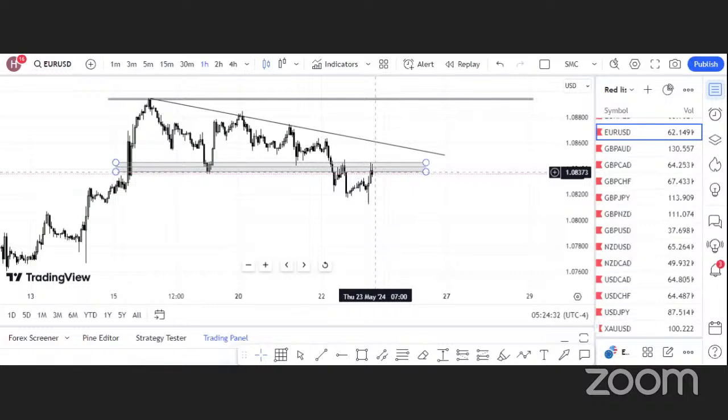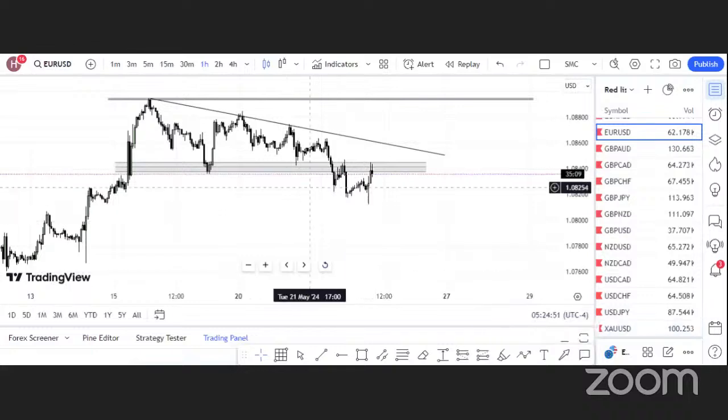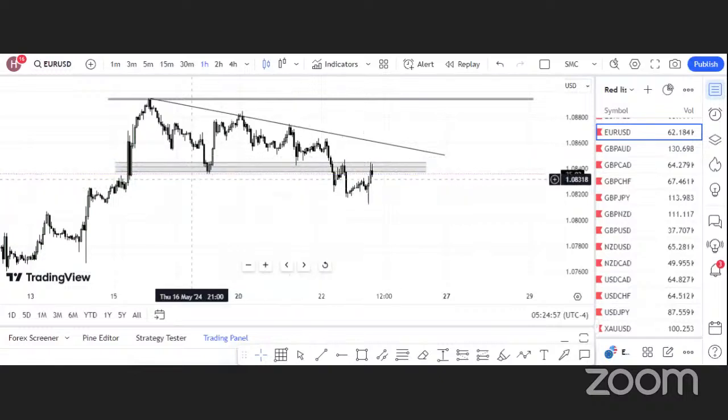This is where I said I was going to take my time to make a better explanation. When I showed you my analysis on XAUUSD, I mentioned earlier that what happened there is called a breakout. Okay, so this is called a breakout.